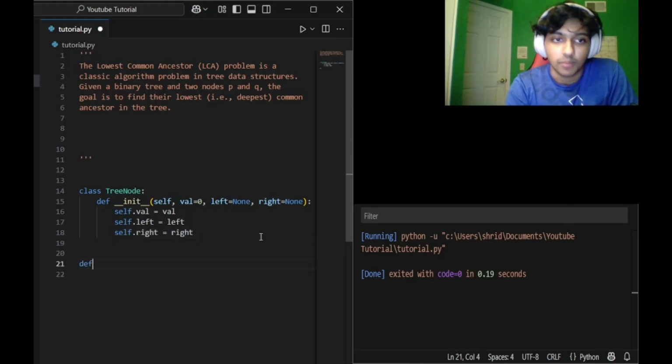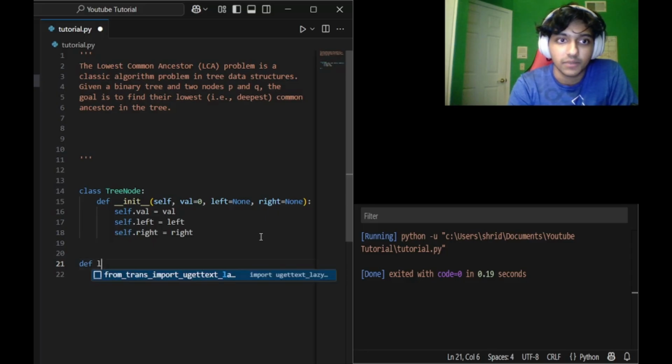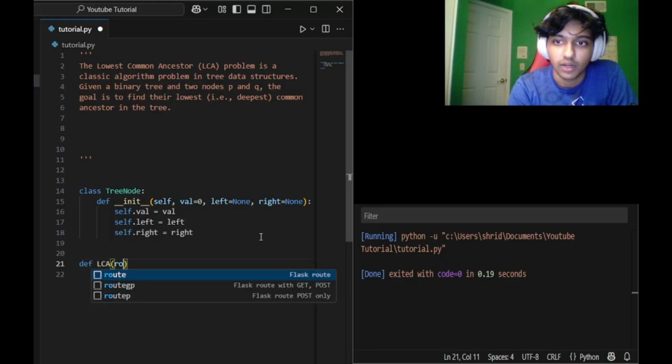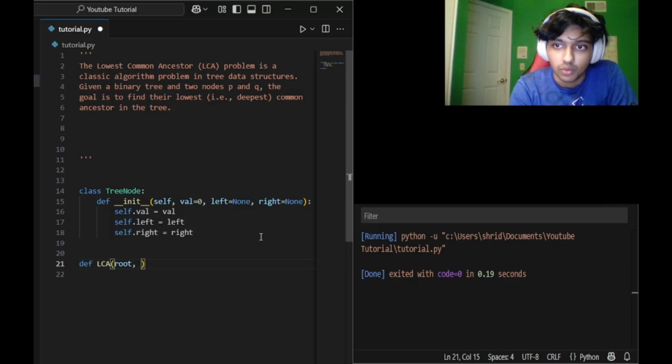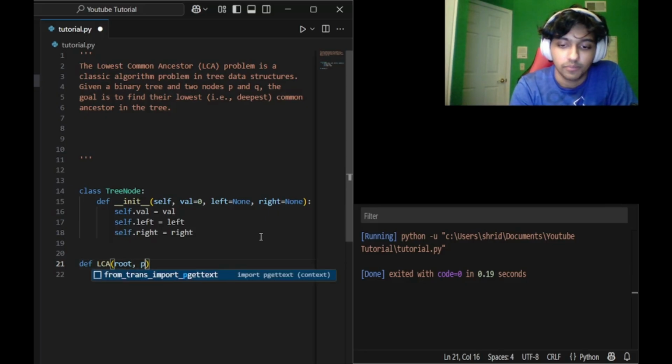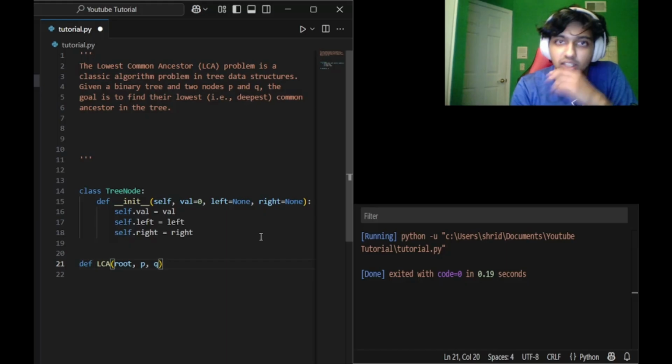So let's start by making our function, def LCA for simplicity's sake. We're going to take a root, P, and Q, and then we're going to output a tree node.